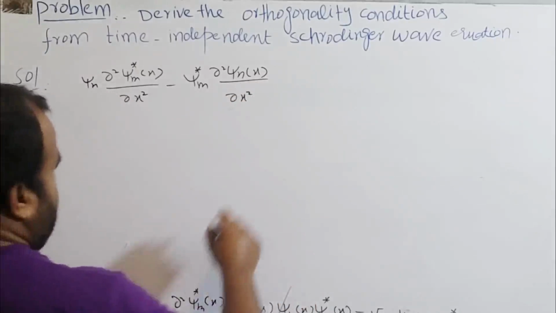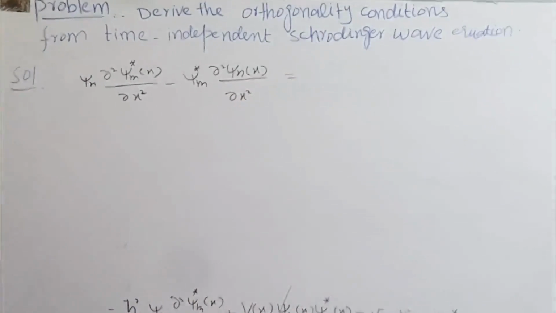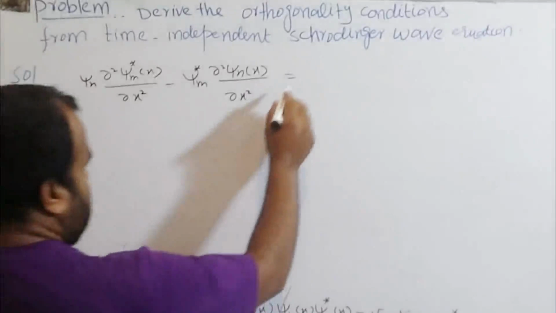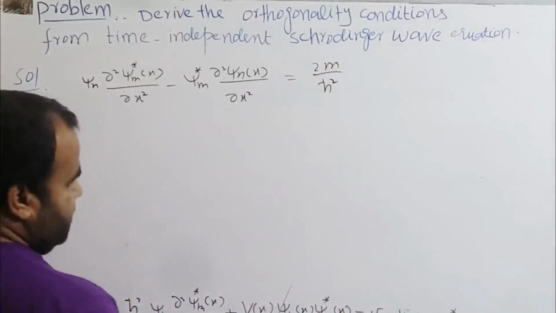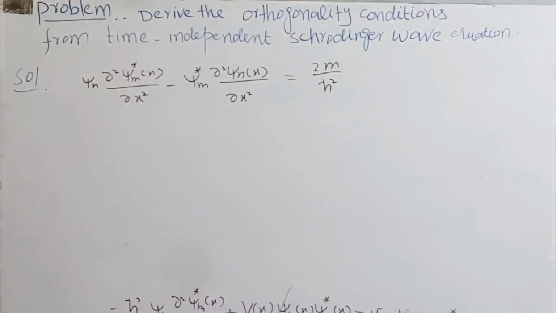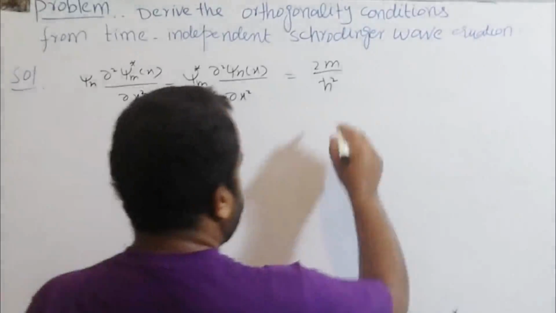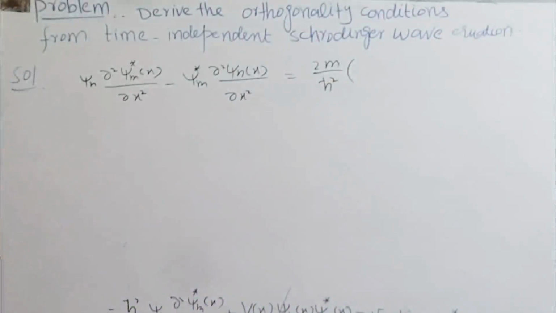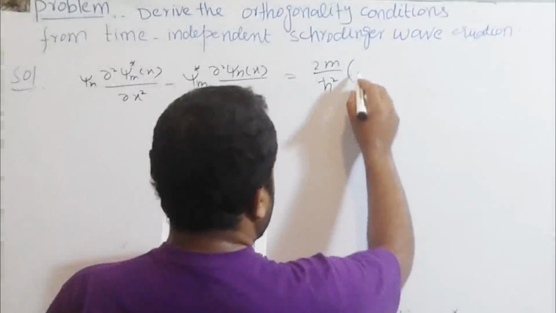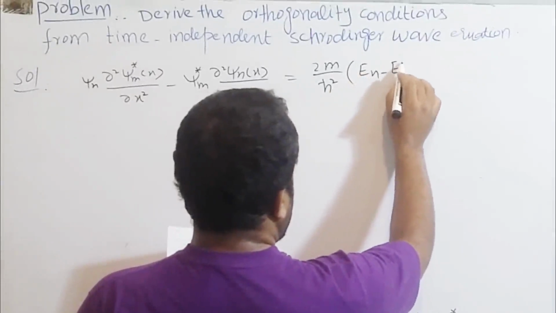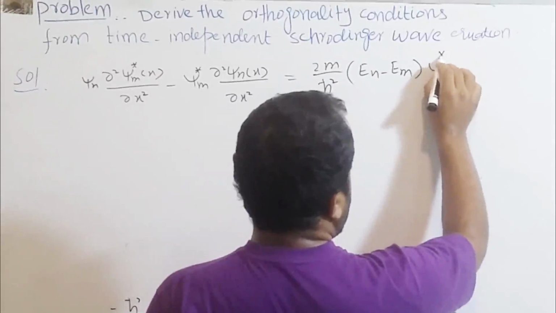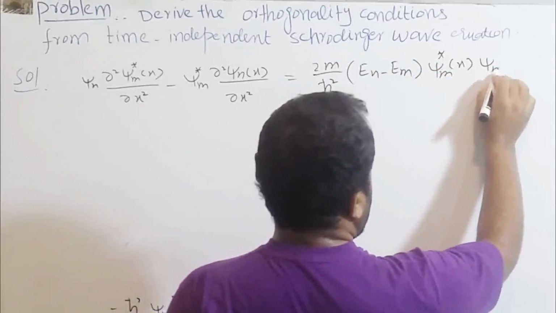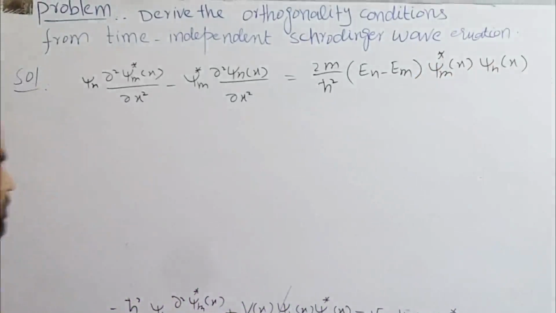Okay, and ħ² divided by 2m. On the other hand side, 2m divided by ħ², and this is En minus Em, ψm* of x and ψn of x.